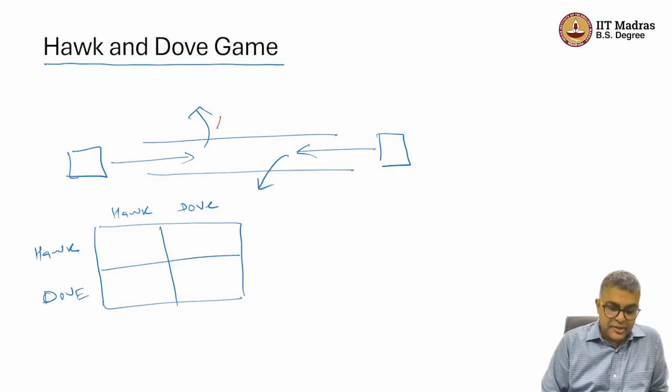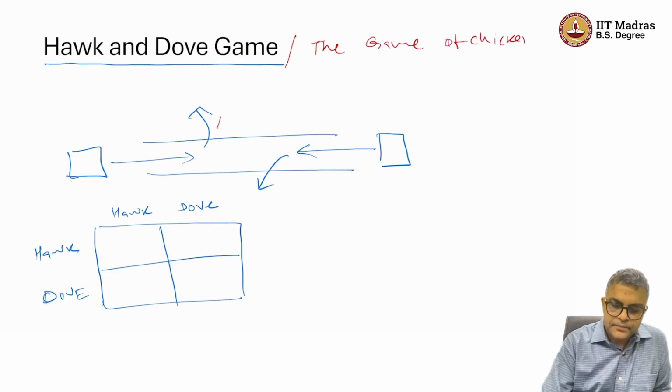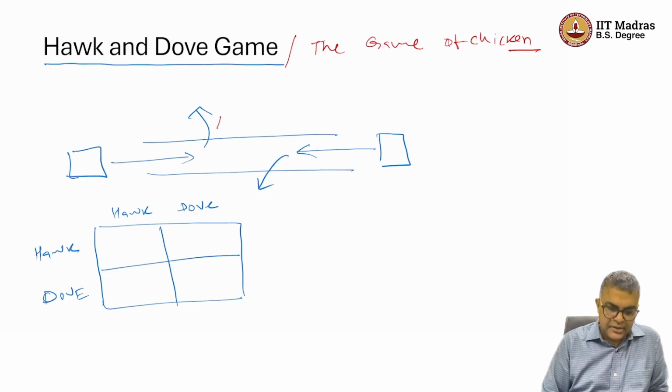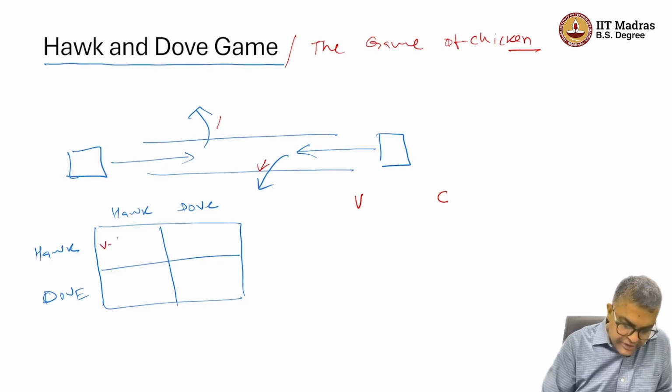But the person who changes his path will lose his reputation. That's why it's also called the game of chicken. The other possibility is that both change their path, then no one will lose reputation and they will be safe also. So let us say that the value of reputation is V and the cost of an accident is C. If they both continue driving on the road, both of them get (V minus C)/2, (V minus C)/2.